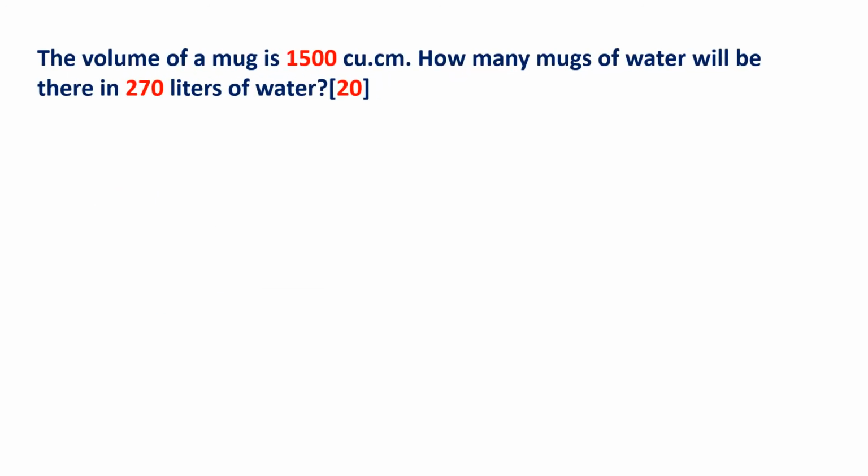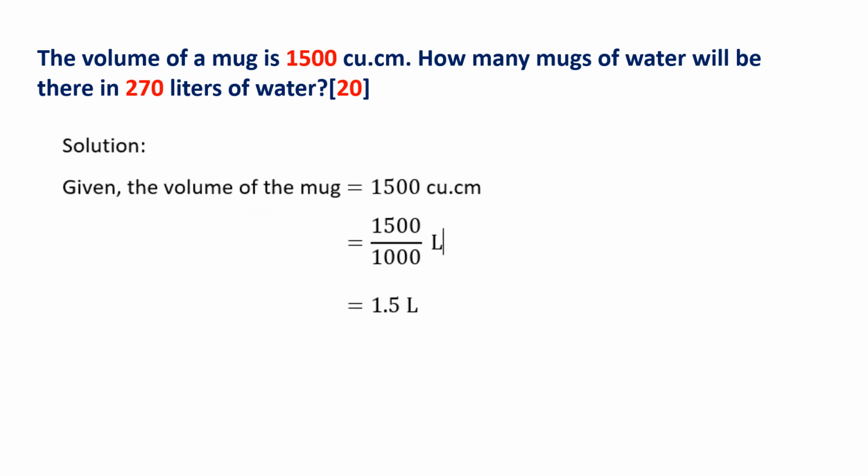Okay, so let us solve a problem. The volume of a mug is 1500 cubic centimeter, and how many mugs of water will be there in 270 liters of water? This is question number 20. Let us make it liters. So 1500 cubic centimeter can be converted to 1.5 liter, as 1000 cubic centimeter equals 1 liter, right?